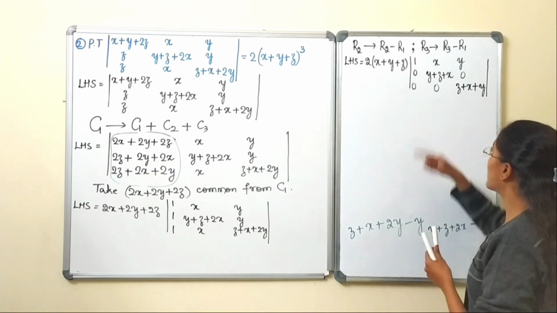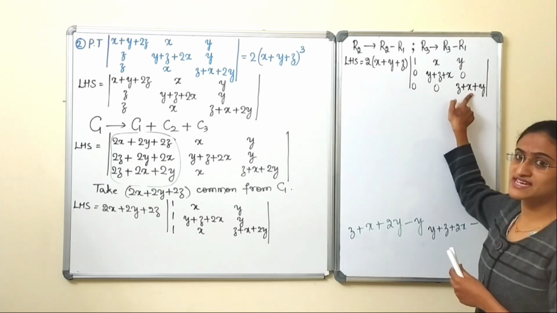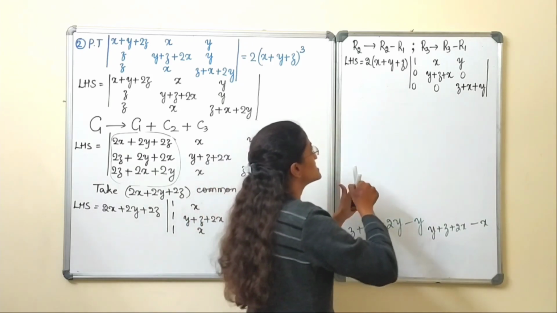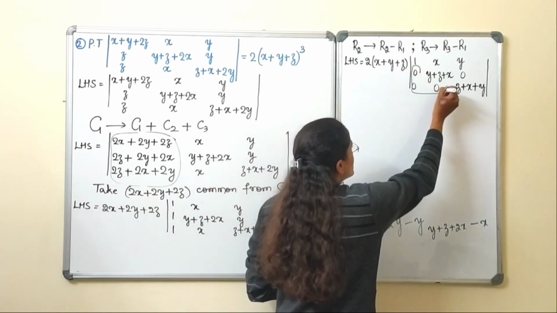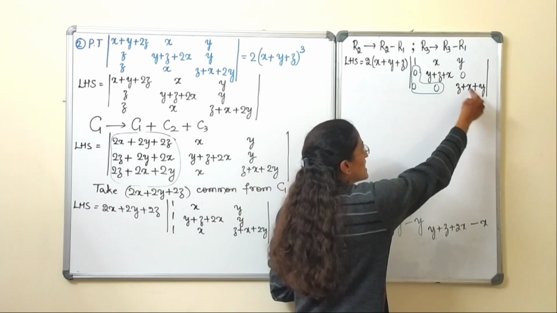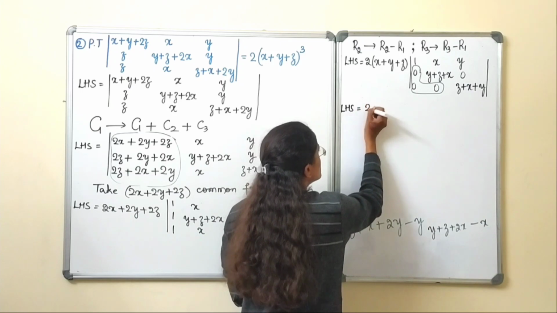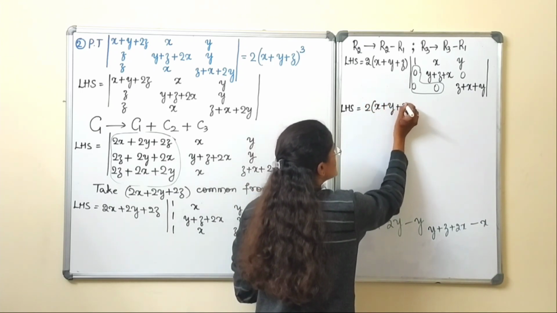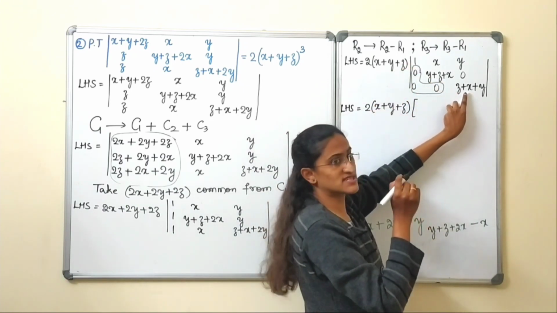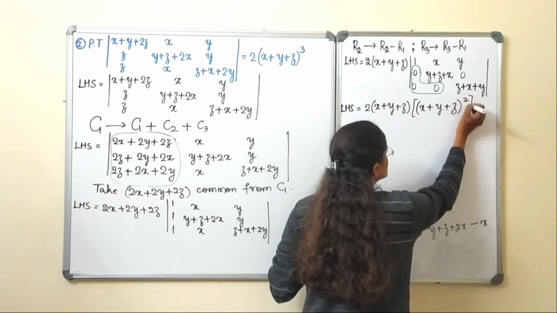Now you can again take out common x plus y plus z from R2 as well as x plus y plus z from R3. That is one of the options, or else you can also check that you are having all the lower diagonal elements equal to 0, and hence directly you can even multiply the principal diagonal elements, and hence we get LHS equal to 2 times x plus y plus z into 1 into y plus z plus x into z plus x plus y, and hence we get x plus y plus z the whole square.